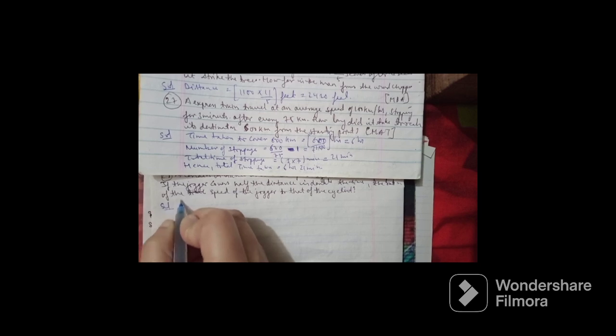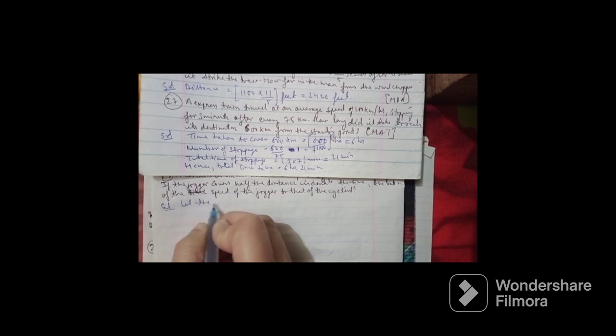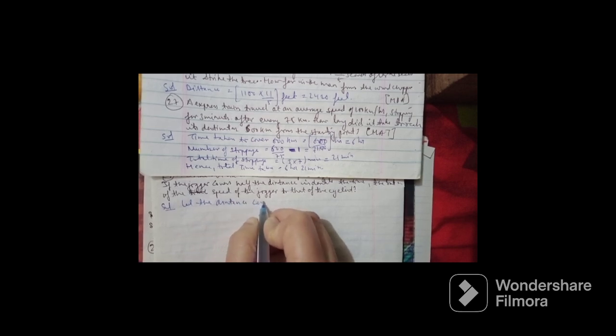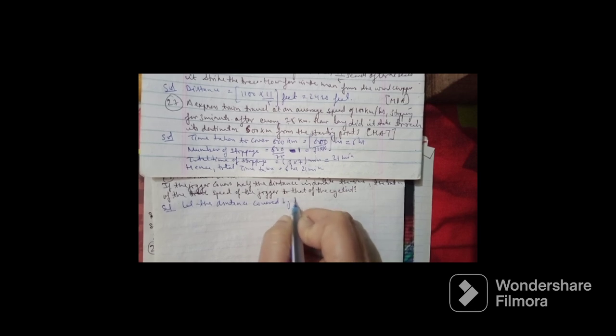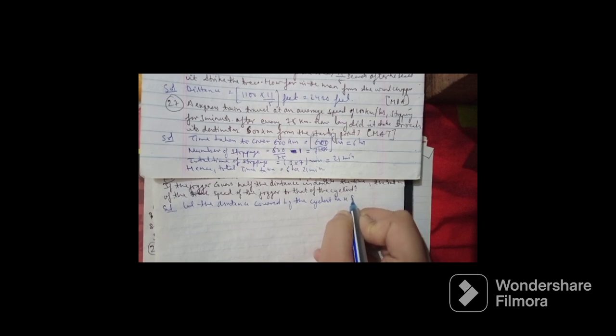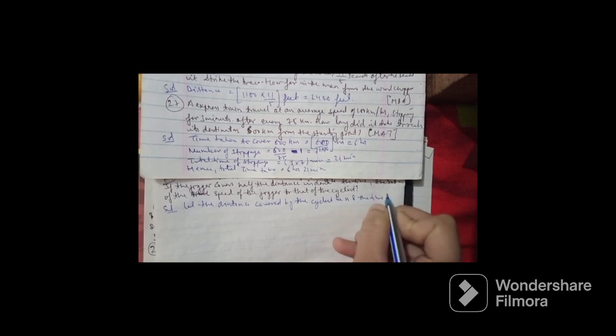So here we go. Let the distance covered by the cyclist be x and the time taken be y.